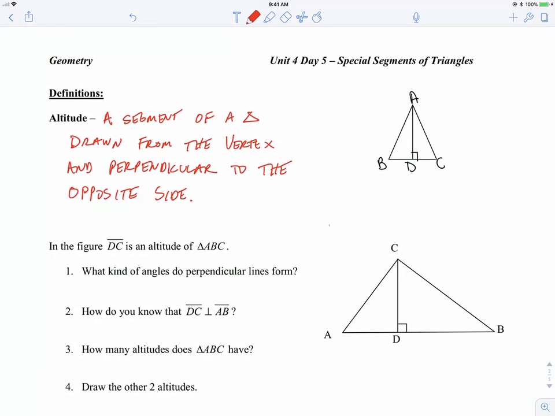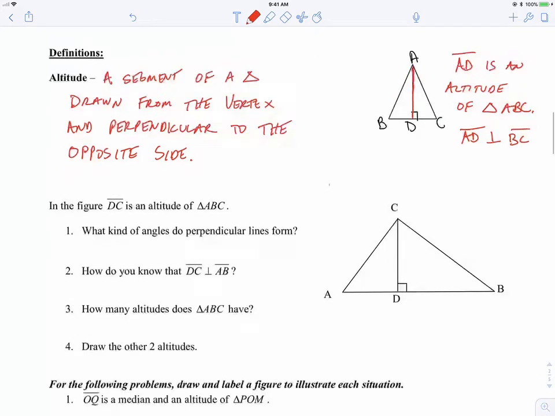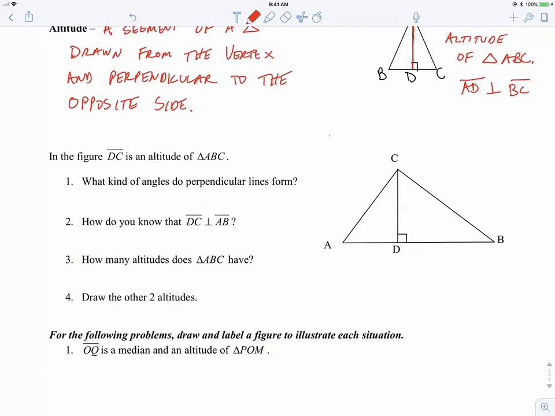So if we look over here, this segment here, AD, since it's perpendicular, segment AD is an altitude of triangle ABC because segment AD is perpendicular to segment BC. All right, so let's look at working with this a little bit. So in the figure, DC is an altitude of ABC.